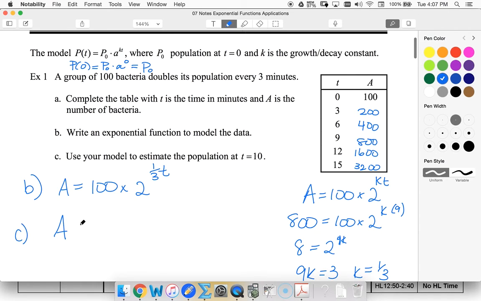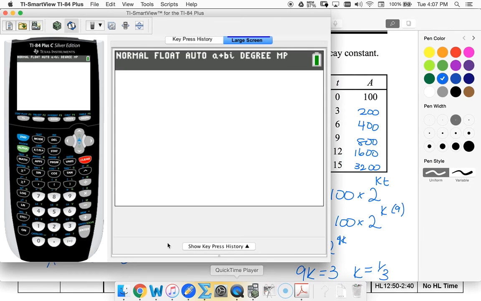Well, A equals 100 times 2 to the 1/3 of 10. So A is 100 times 2 to the 10 over 3. Using my calculator, 100 times 2 to the 10/3.